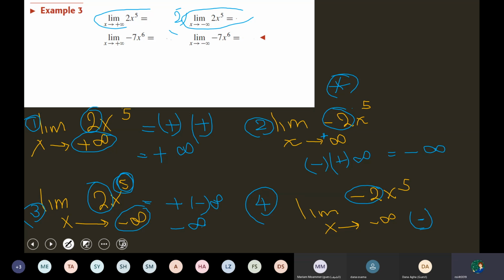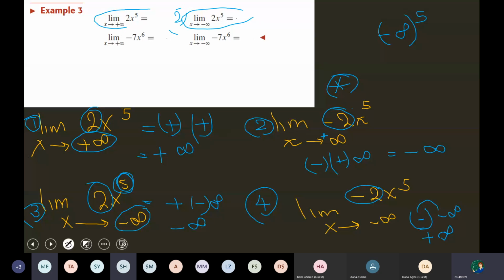Positive or negative? If I have negative infinity raised to the power 5, it will be negative. So negative times negative is positive infinity. Is it clear?